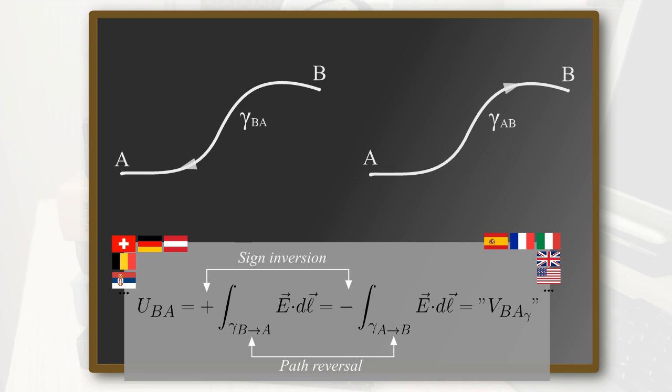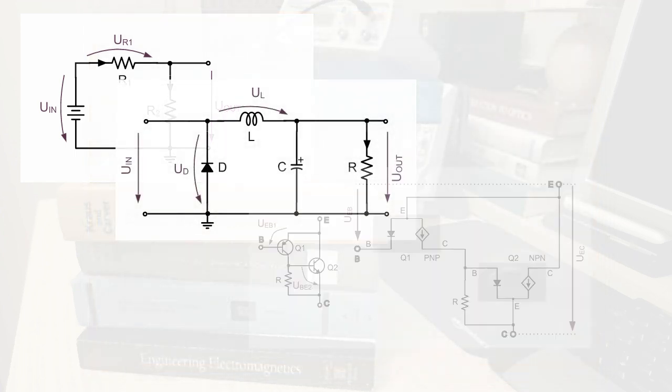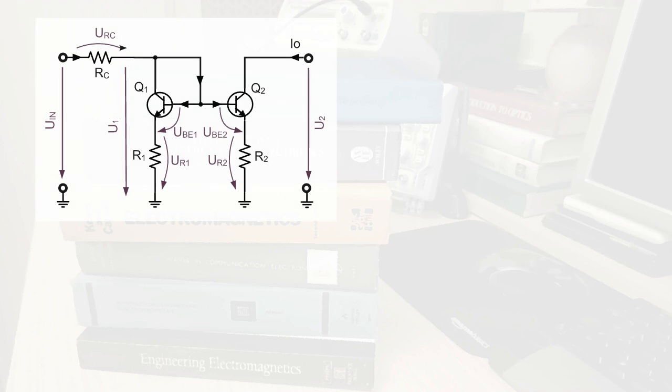The numerical result won't change, but in German-speaking countries you will usually see voltage represented by upside-down arrows, as shown in these schematics. You can find this graphical notation and convention in most books and papers in the German language.